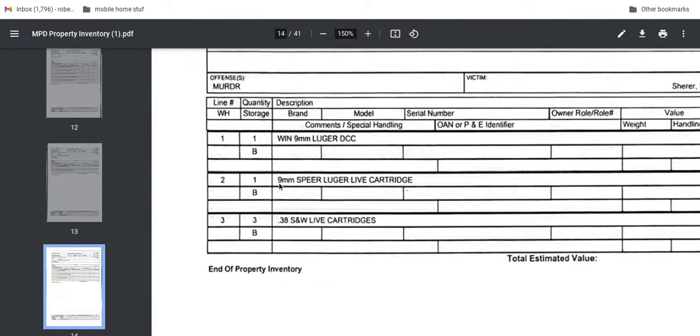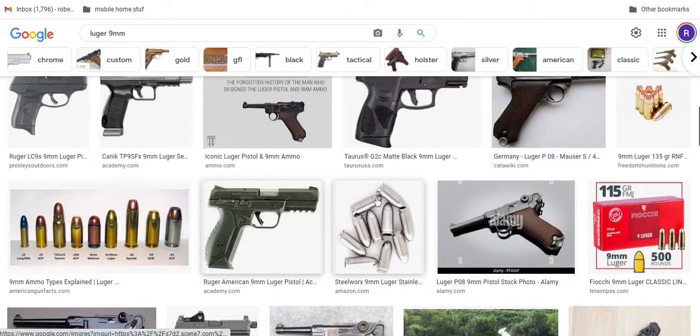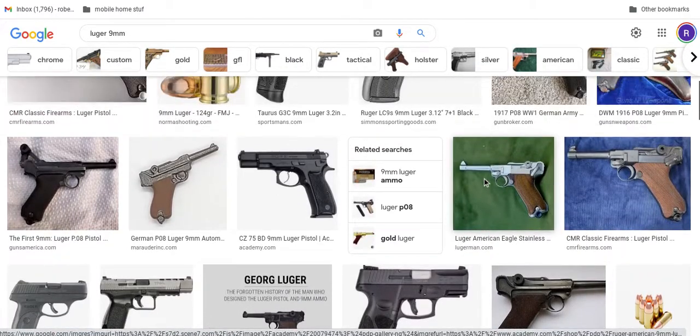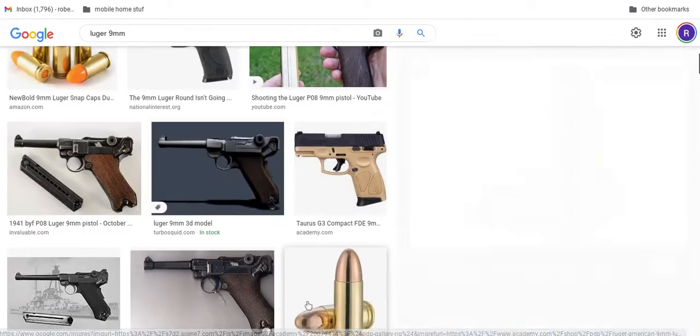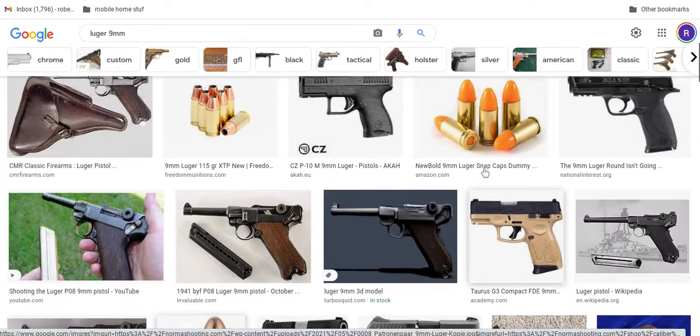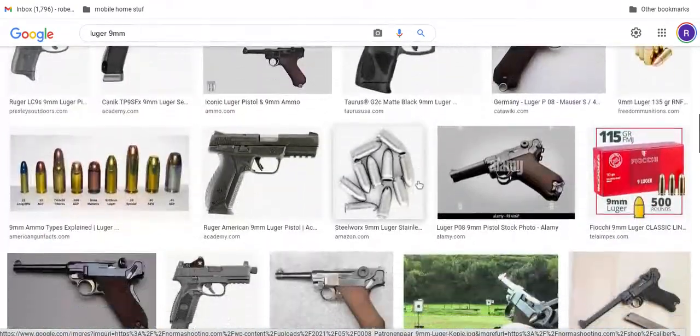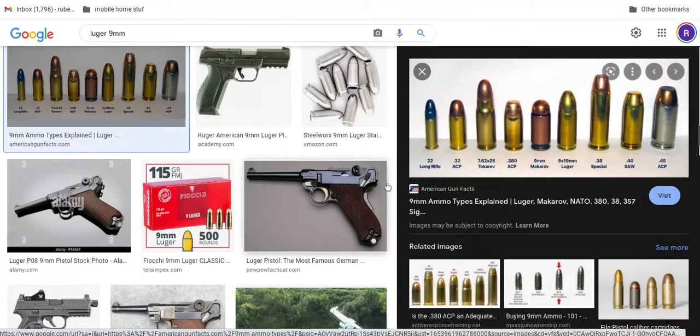Okay, 9mm Speer Luger live cartridges, which would look something like this. Okay, and there is a difference. That first thing I pulled up is the picture right here. There's other pictures like this.